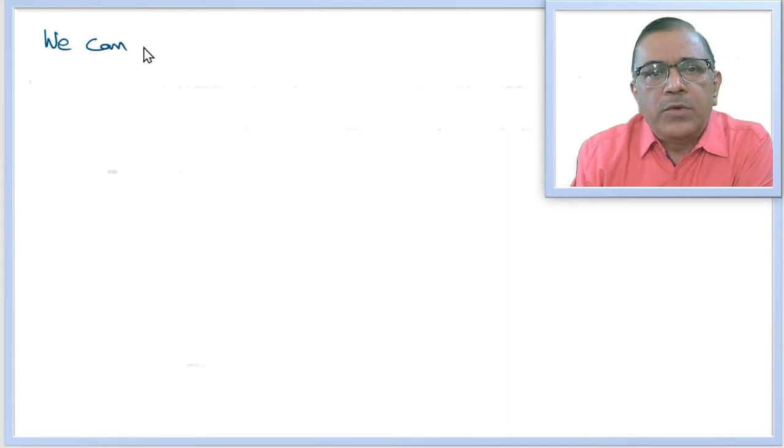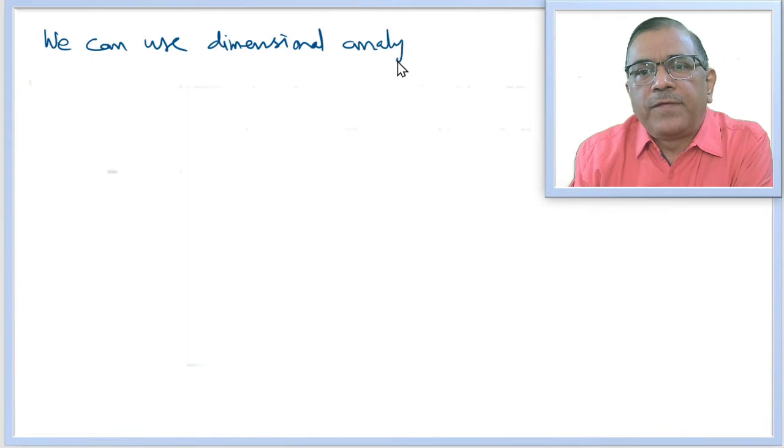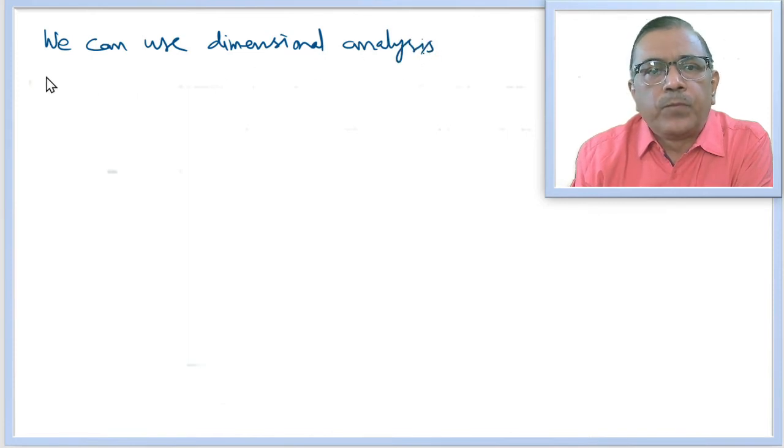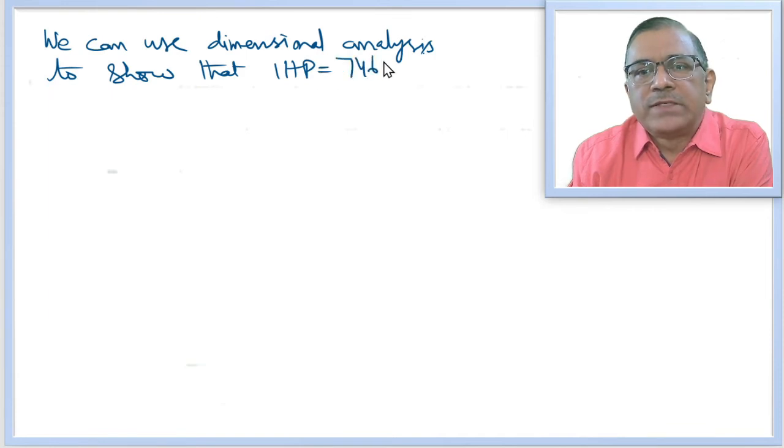We can use dimensional analysis to show that 1 horsepower is equal to 746 watt. Let's see how.